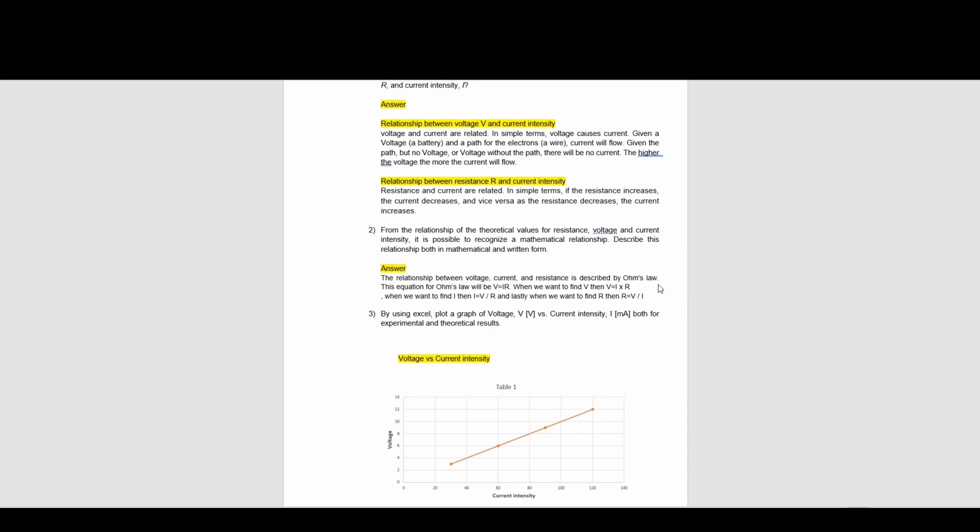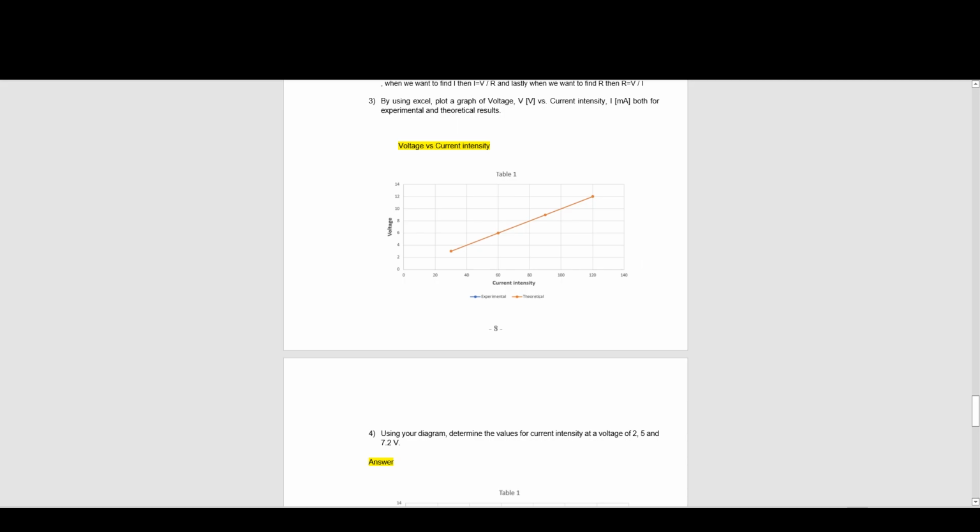The equation is V = IR. When we want to find V, it is V equal to I times R. When we want to find the current, it is I equal to V divided by R. And lastly, when we want to find R, resistance equals voltage divided by current.